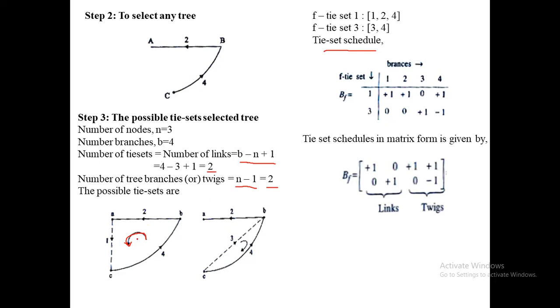Next we have to write this tie set schedule. How we can write this means here the direction. Consider the first loop. This direction is anti-clockwise direction. This loop direction and this branch direction both are same. For that, for this branch 2 we can put +1. Next this is for first tie set.